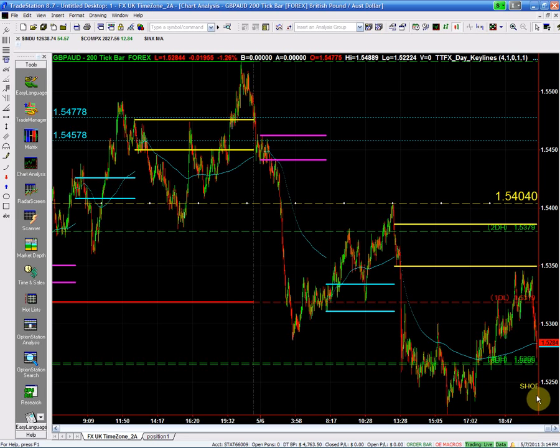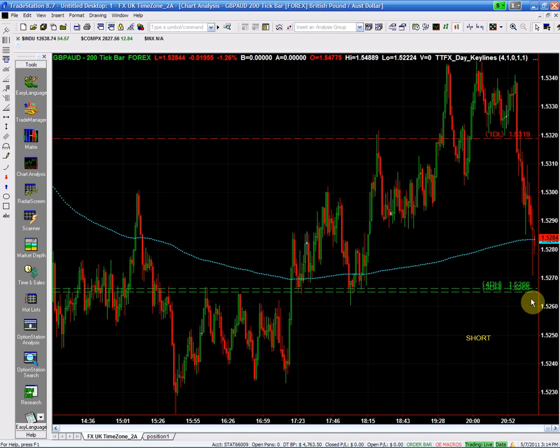I'm going to place my stop on the short side above the 153, and if I'm going to buy it at 154, I have to place my stop right here, which is 153.20. So let's put the numbers.